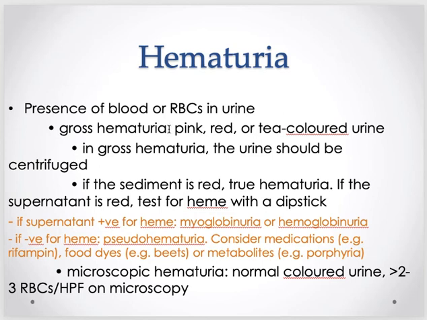When you can see that the urine color is red by the naked eye, though there are certain other causes which can impart a red color to the urine other than blood, but simply the presence of blood or RBCs which you can see by the naked eye is called gross hematuria. But when you cannot see by the naked eye, but microscopically they find RBCs in the urine, it is called microscopic hematuria.